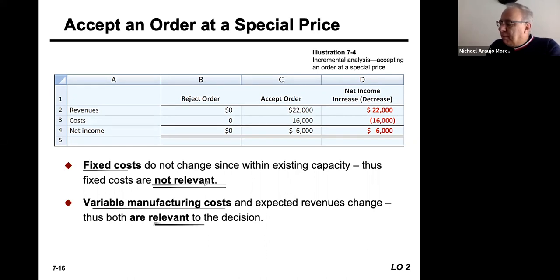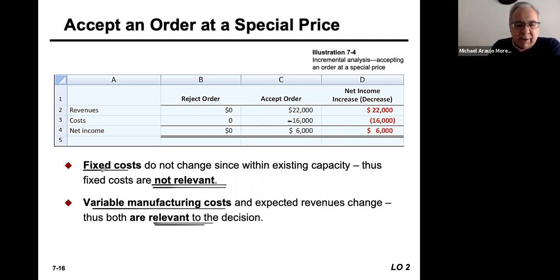So I think it's confusing when they say $4 per unit for fixed, but the $400,000 is fixed per month. So in this case, the $16,000 here is the 2,000 blenders times the $8 variable cost.